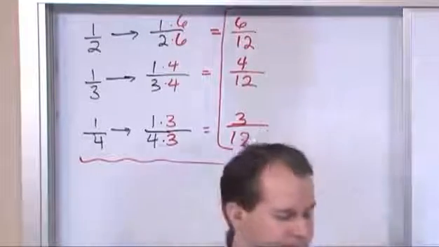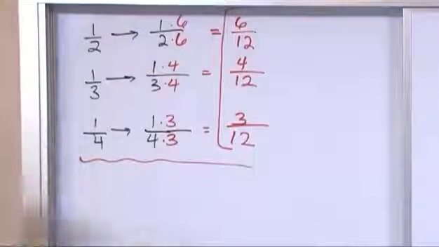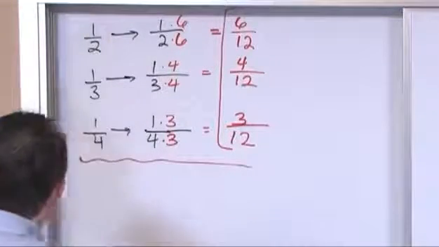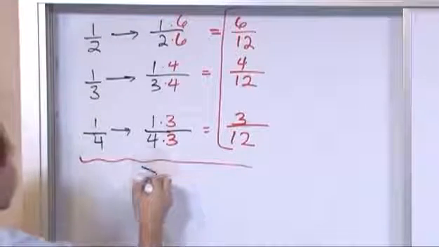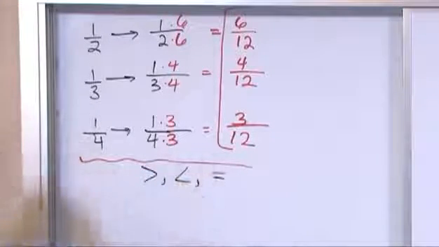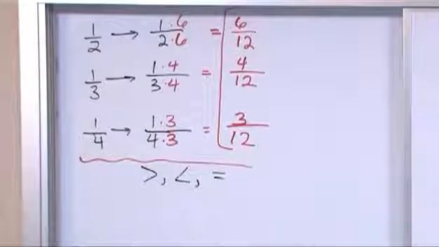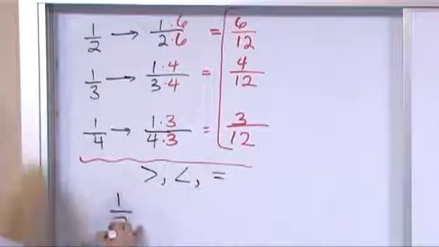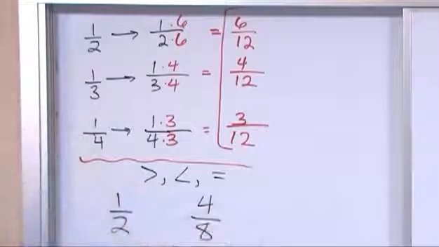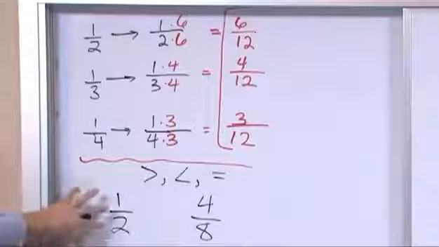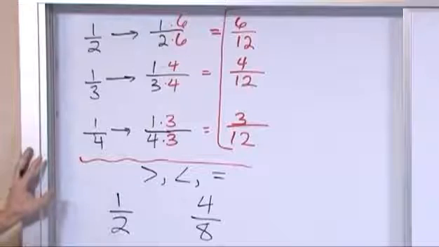So as an example, let me give you an example that I know that you know how to do. What we're going to do now is figure out which of these two fractions is greater than, less than, or equal to. So we want to sort of put the symbol in between there. What about 1/2 and 4/8? Well, I'm kind of giving you a simpler example in the beginning because I'm trying to illustrate the point, but you can already think about what half of a pizza looks like in your head.